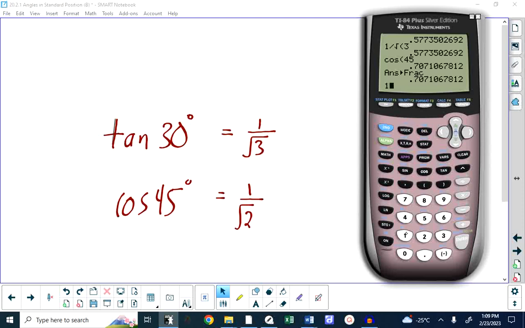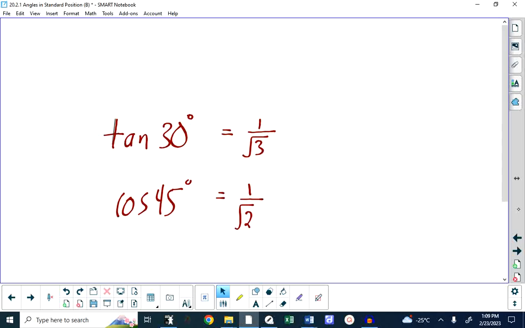If I try to take 1 divided by the square root of 2, I calculate what that is, it gives me that number. Before we get into the heart of this lesson, I want to point something out to you, and we just have to recognize that this is always the case. Can you please figure out what the square root of 3 divided by 3 is equal to on your calculator? When you go square root, you're forced to use brackets, so you have to close the brackets on the 3 and then divide by 3.